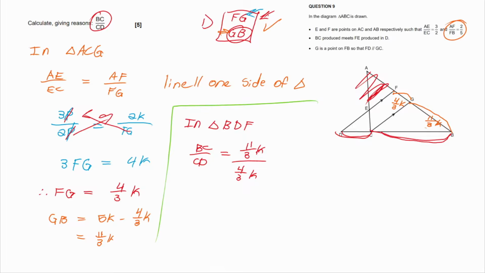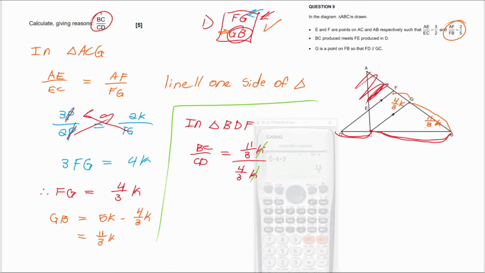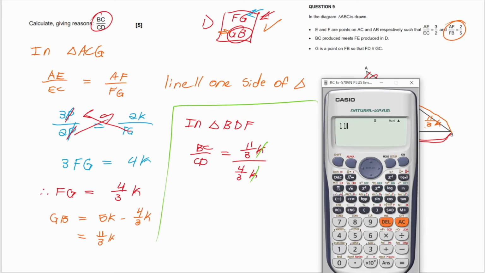I know that these are going to cancel, and what I can do in my calculator is put that in directly. I'm going to say 11 over 3 divided by 4 over 3, and you get 11 over 4. You could also do 11 over 3 and then this whole thing over 4 over 3, and you'll get the same answer, 11 over 4.